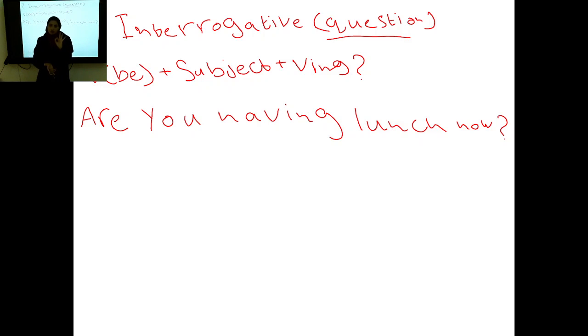We have three forms or structures, which are the affirmative, the interrogative, and the negative sentence. The affirmative sentence, we use subject plus verb to be plus verb ing. The negative form, we use subject plus verb to be plus not plus verb ing. And the last form, which is the interrogative, we use verb to be, after that, we add the subject and then verb ing.